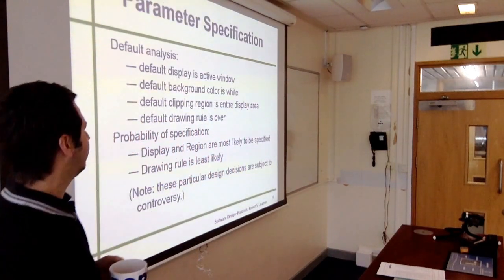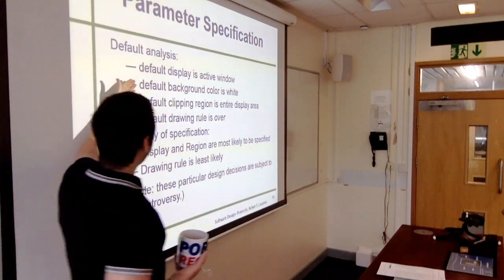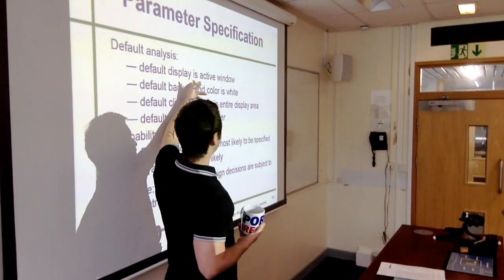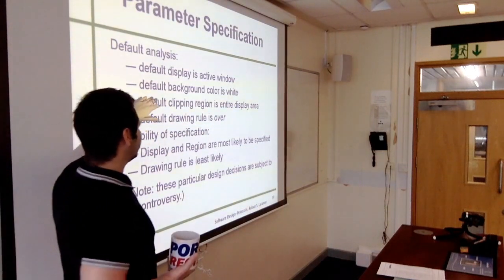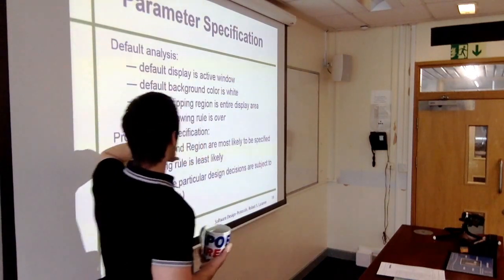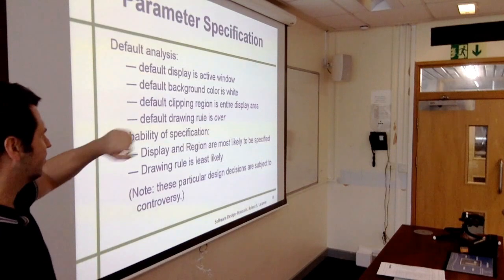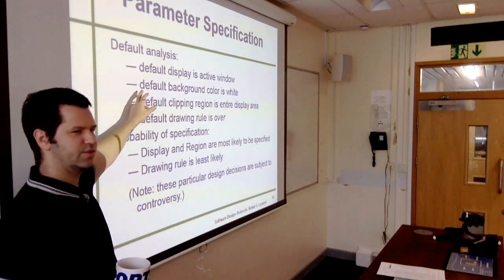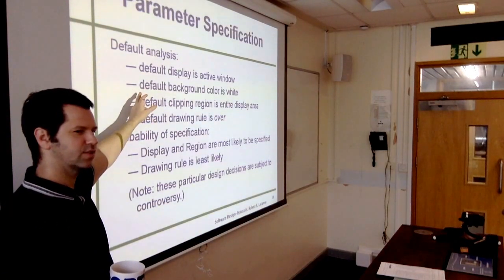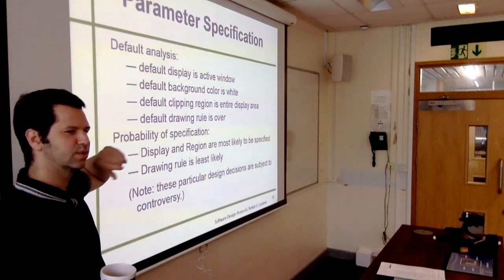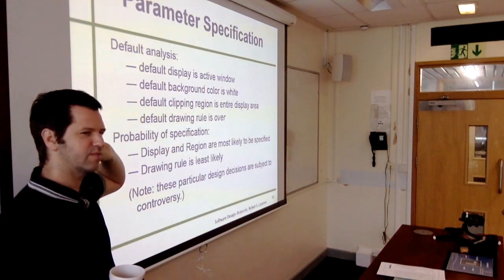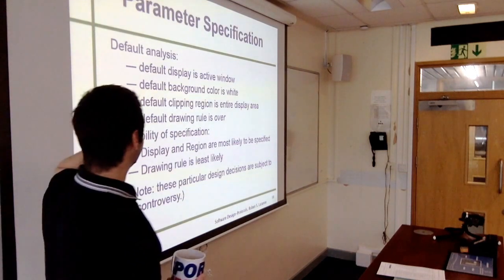We want to specify a default display, which is the currently active window, and a default background color, like white, for example. I've seen some strange choices on this. You've probably been in presentations as well with strange background colors like dark blue with yellow font and red font and stuff like that.